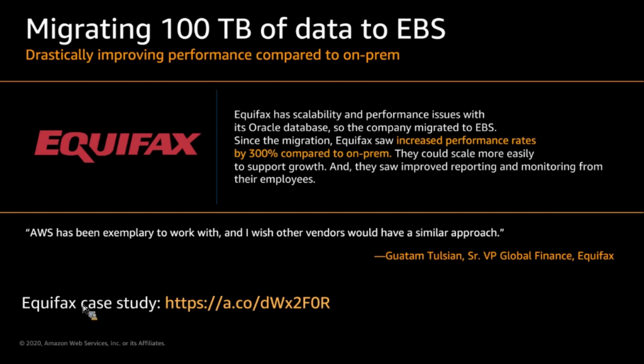So what Equifax has done is they have migrated hundreds of terabytes of on-premises data set to EBS. There are many methods available for you as a customer to choose how to migrate your on-premises data. Equifax has chosen the Cloud Endure migration path, which is another AWS service. And today we'll also cover native EBS service, which is Direct APIs, which we just recently launched a few months ago for using Write APIs.